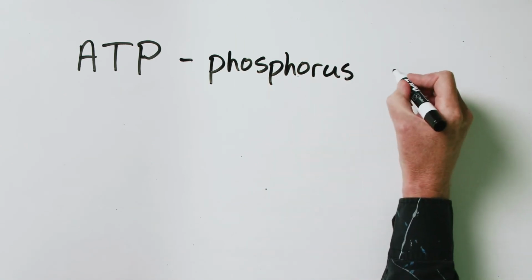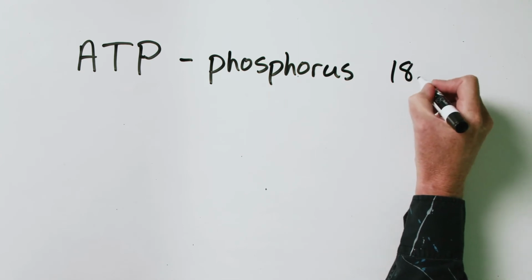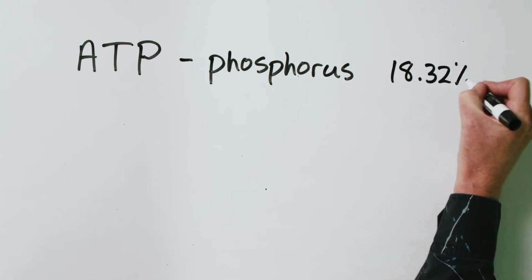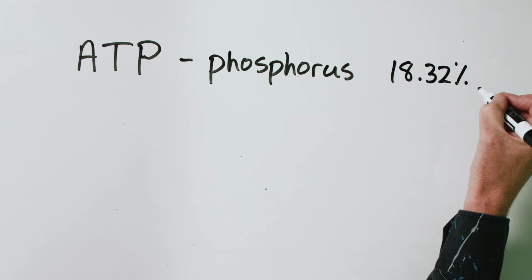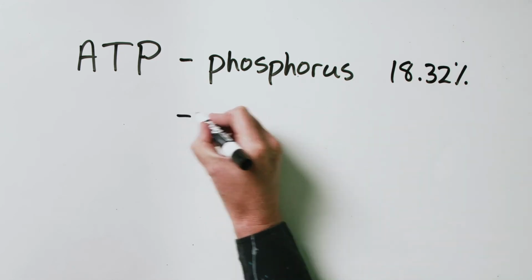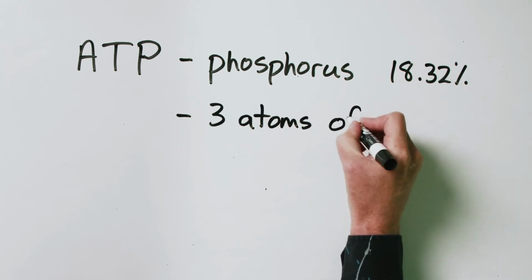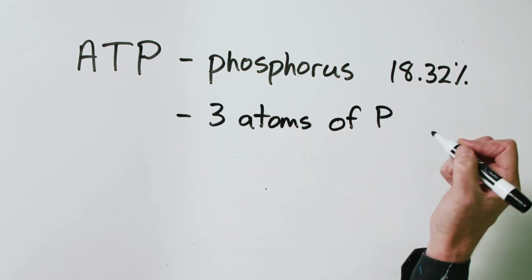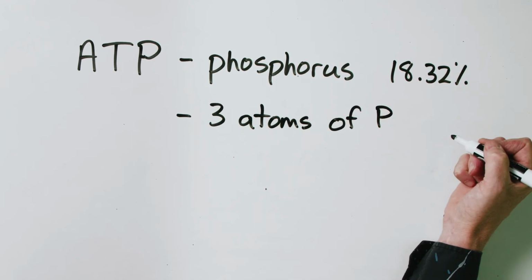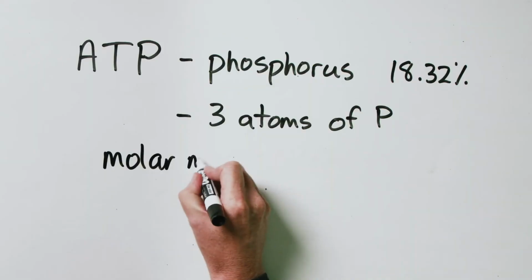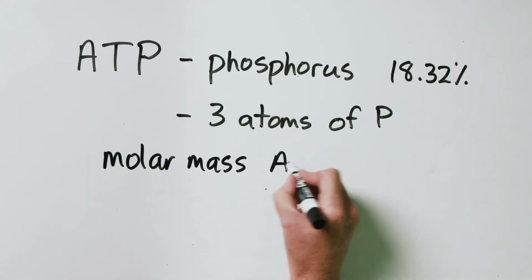By mass, that is 18.32% of the whole ATP molecule. And we also know there are 3 atoms of phosphorus per molecule of ATP. So our question then becomes, what is the molar mass of ATP?